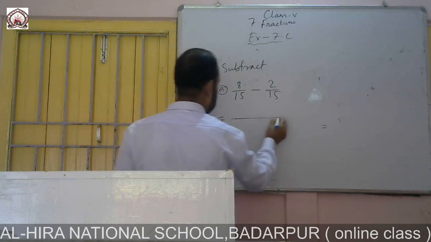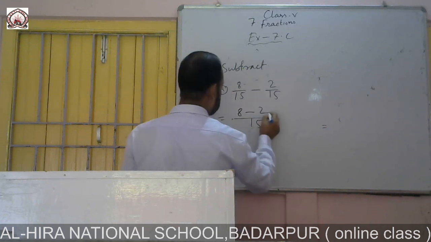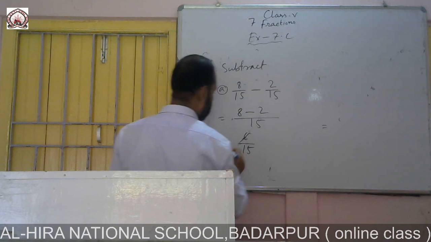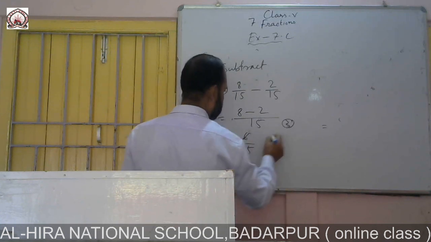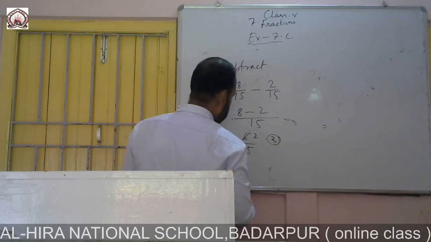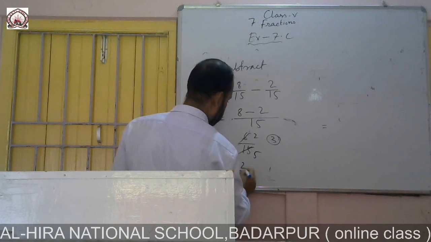So here 15, because both denominators are the same. 8 minus 2 equals 6 by 15. Cut with 3. 3 2 jar 6 and 3 5 jar 15. Answer is 2 by 5.